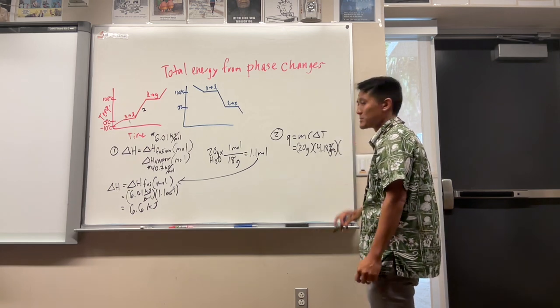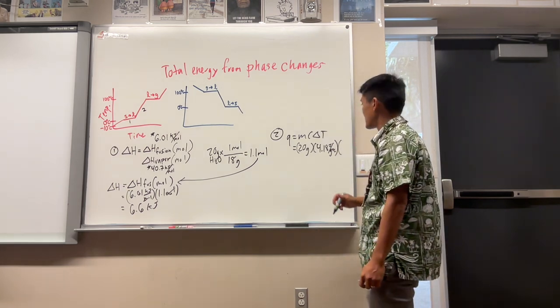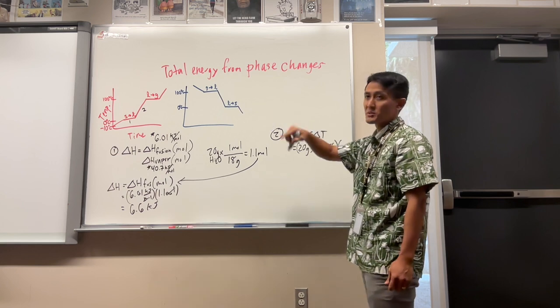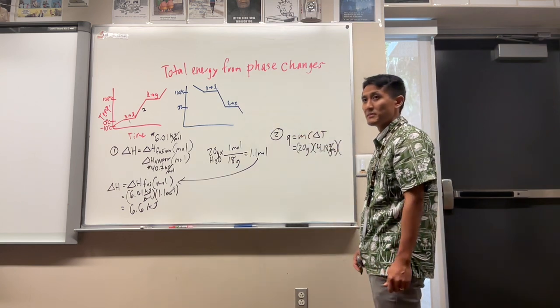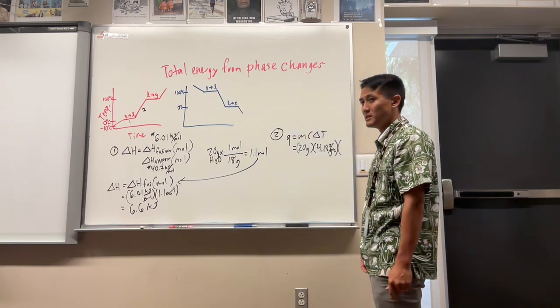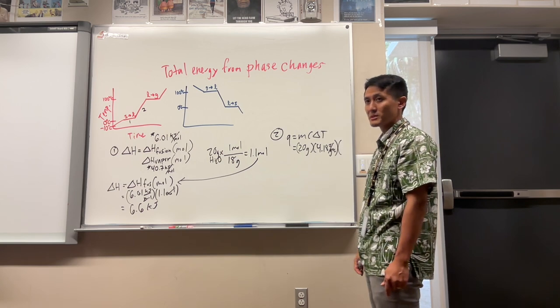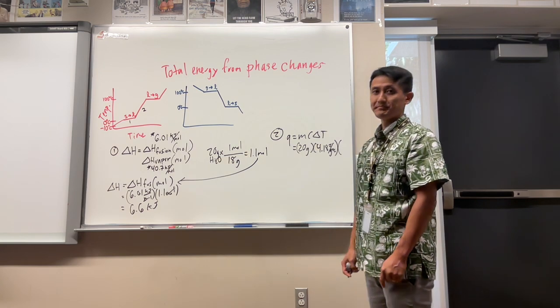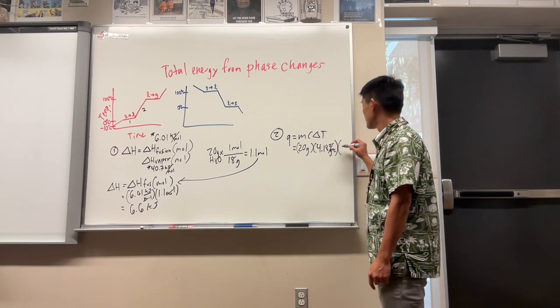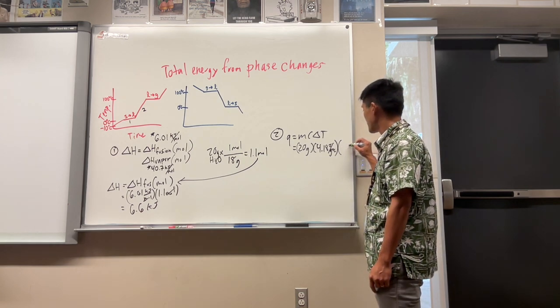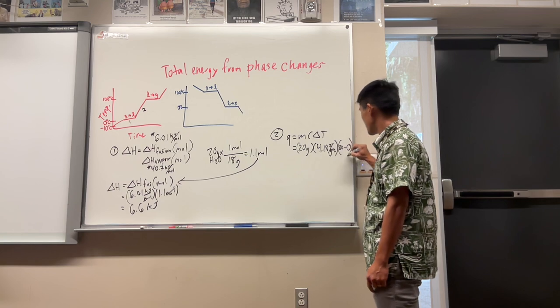And then change in temperature. What is final temperature minus initial temperature? Look in your problem. What did it end up at minus what did it start off as? It started at 0, then goes to 80. So 80 minus 0, in degrees Celsius.